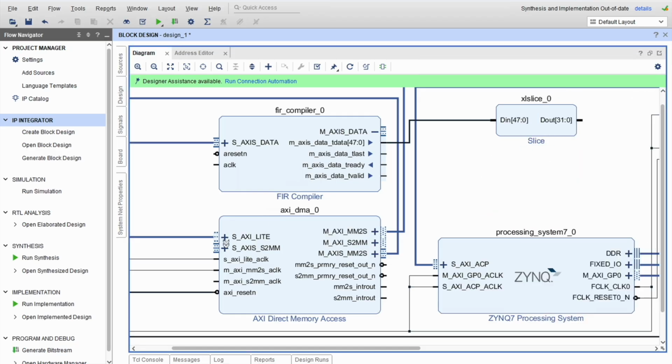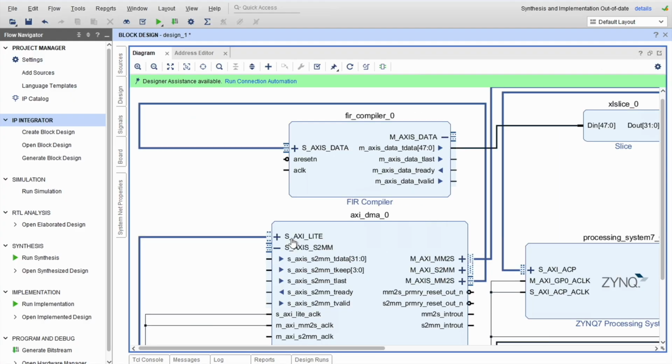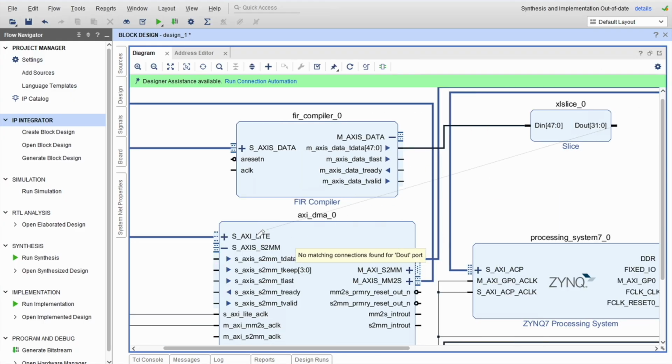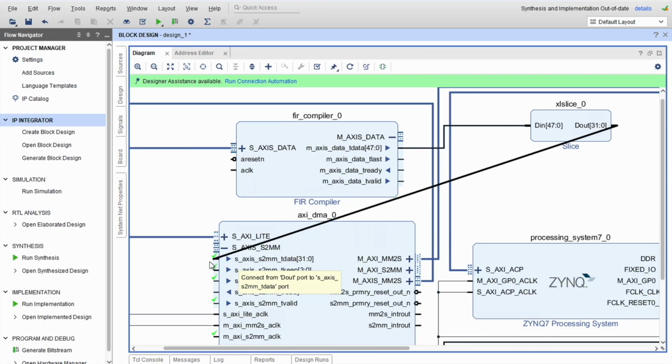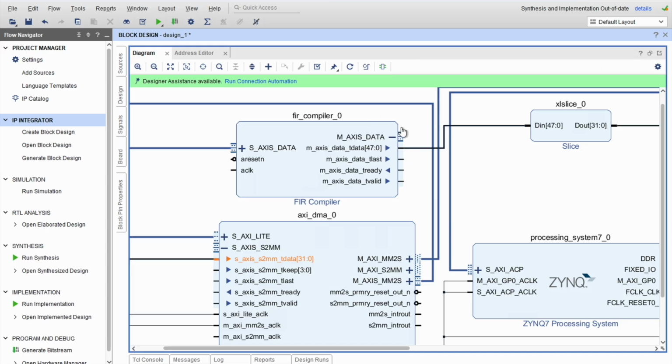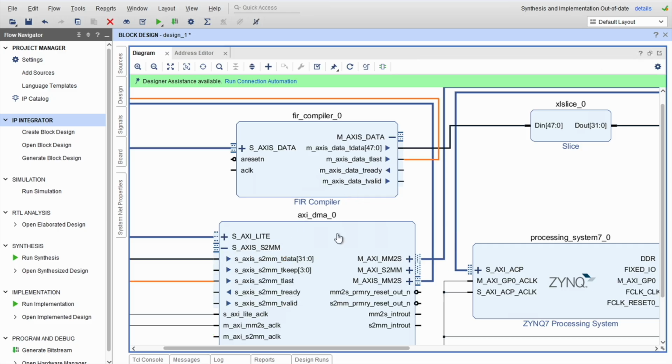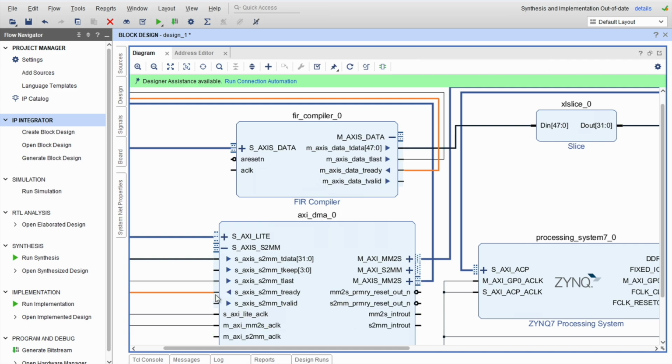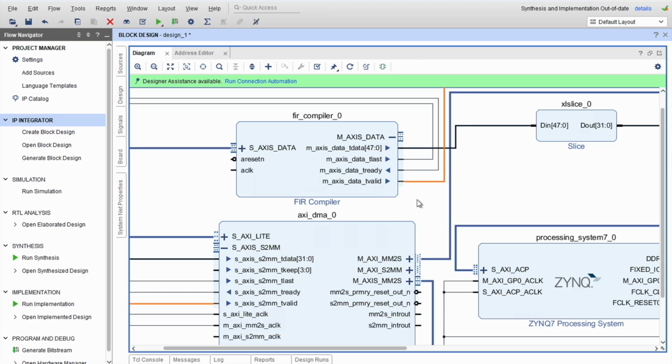We can just directly connect the slice to the S-axis S2MM T data, which is also of 32 bits. Next we connect the T last. Next we connect the T ready of the FIR compiler to the T ready of the S-axis S2MM. So will we connect the T valid.